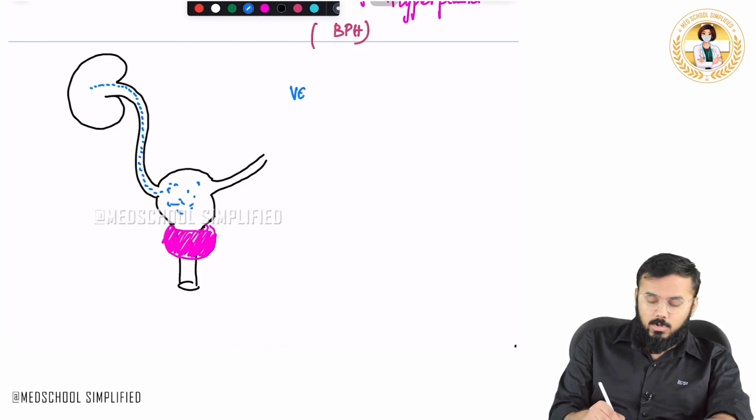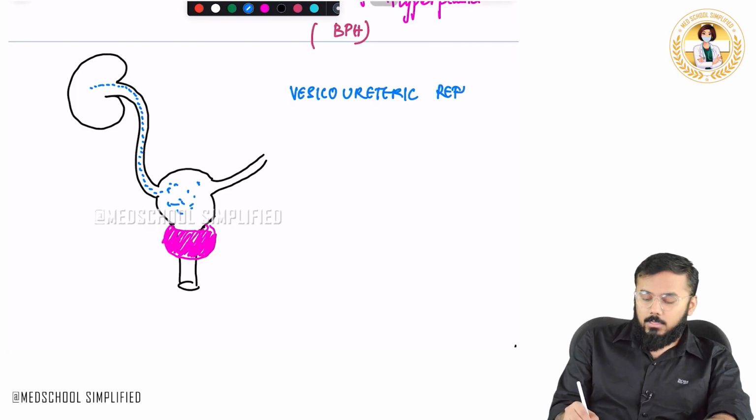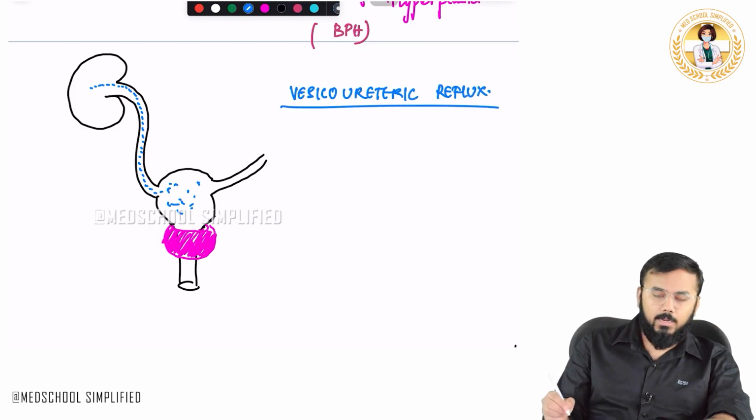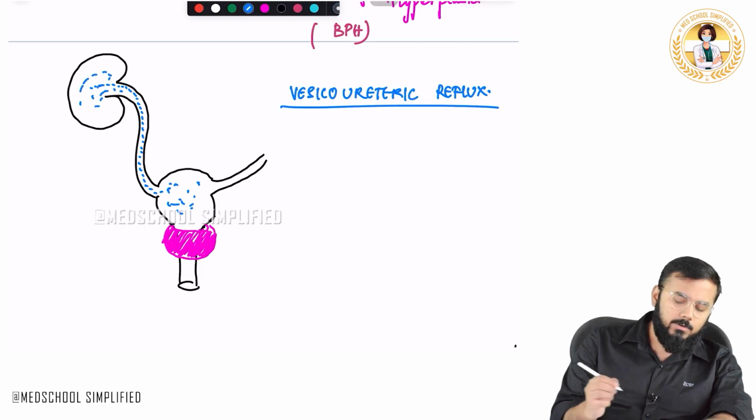This condition is called vesico-ureteric reflux. Because of this vesico-ureteric reflux, what is happening? There is a lot of urine getting deposited within the kidney.